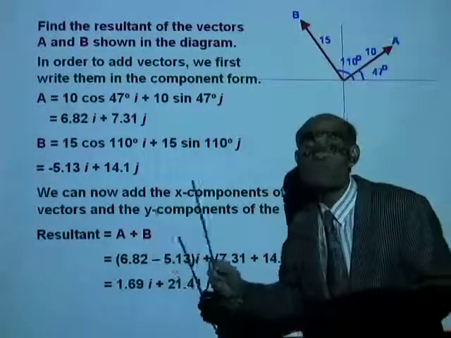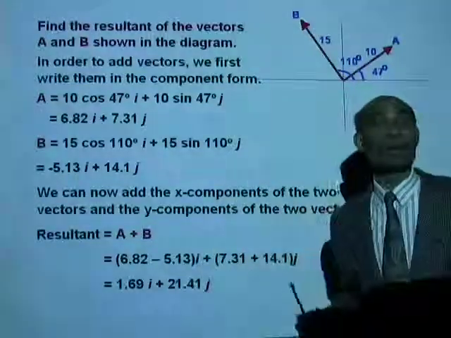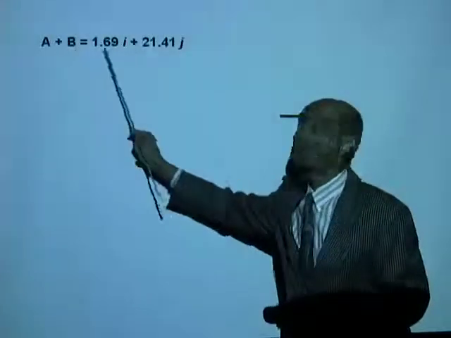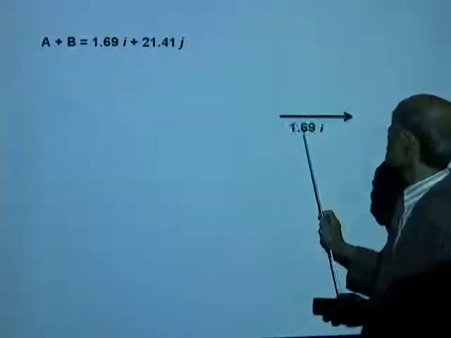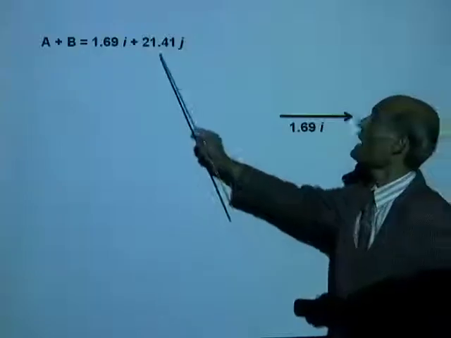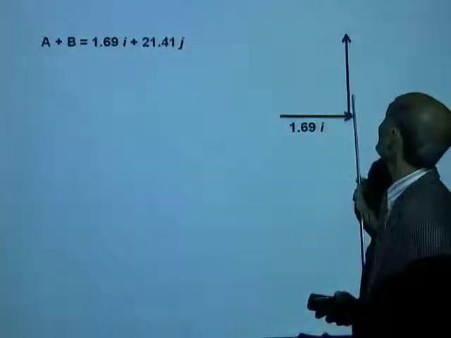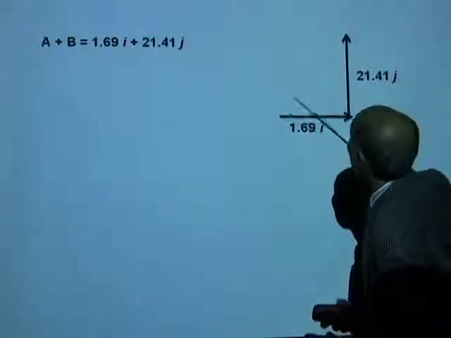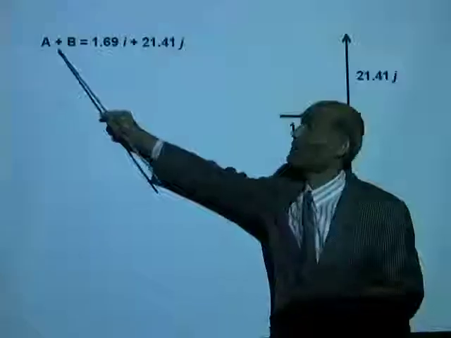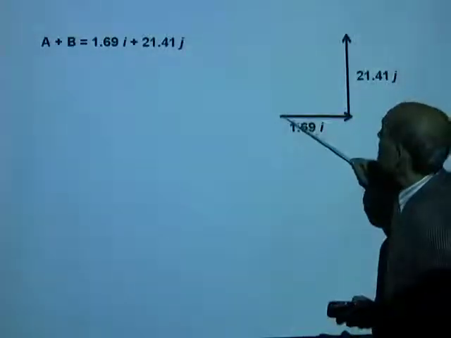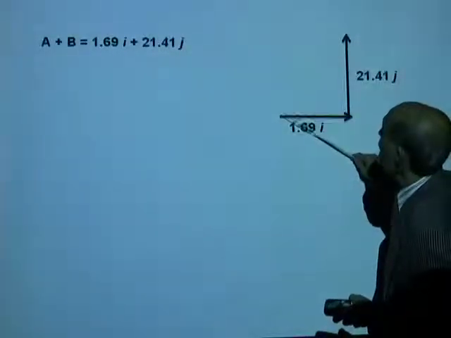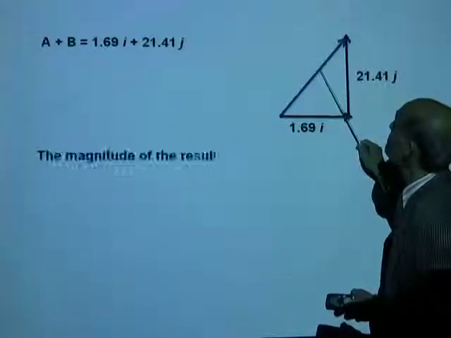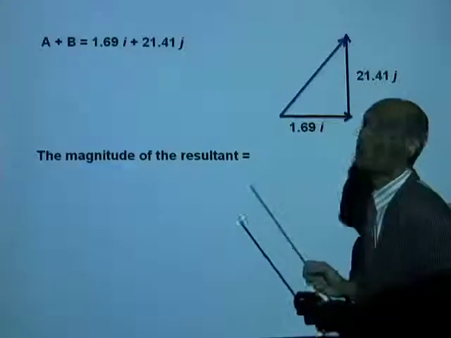We need to find the magnitude and angle of the resultant. Let's do that. So the resultant vector has an x component 1.69i and a y component 21.41j. We need to find the resultant vector A plus B, which will be drawn from the tail of the first to the head of the second. This is the vector A plus B that we need to find.